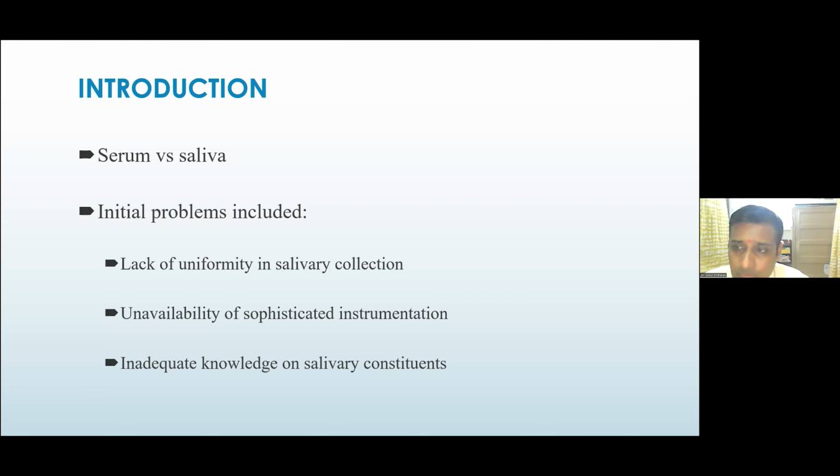It is necessary that we do repeated tests, and in such cases, the use of serum had some difficulty. Hence, various other fluid-based vehicles could be used to identify these biomarkers.